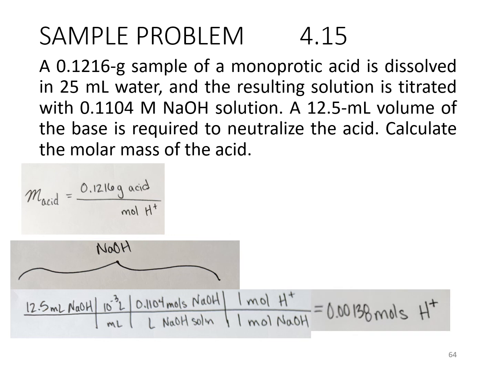Okay, so we would get 0.00138 moles of the H+. So we can just plug that into our molar mass equation, in the sense that we just need the grams of the acid per mole of the acid. So you plug that in and we should get 88.1 grams per mole as the molar mass of the acid.